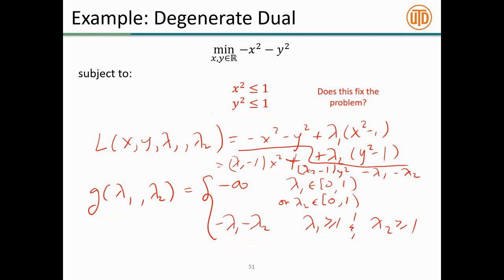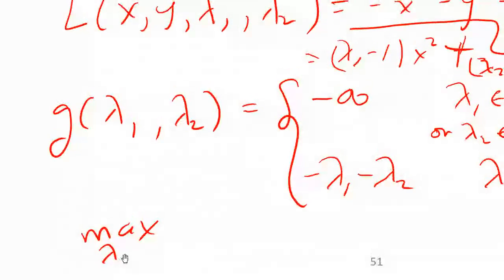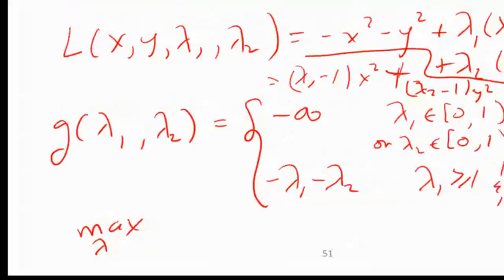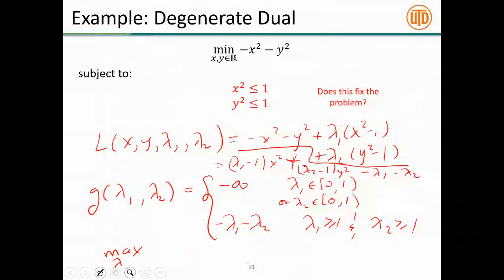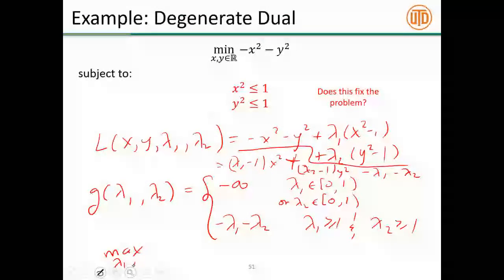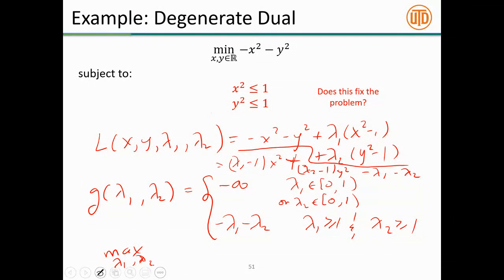So typically we would rewrite this to say that the dual problem is actually equal to the maximum over lambda 1 and lambda 2 of minus lambda 1 minus lambda 2, subject to the constraint that lambda 1 has to be greater than or equal to 1 and lambda 2 has to be greater than or equal to 1.